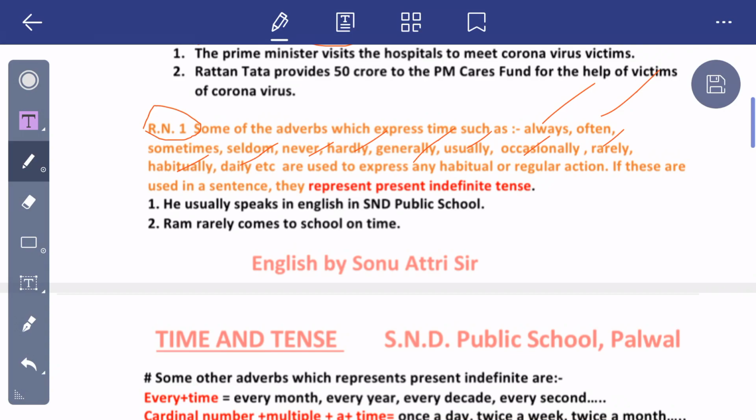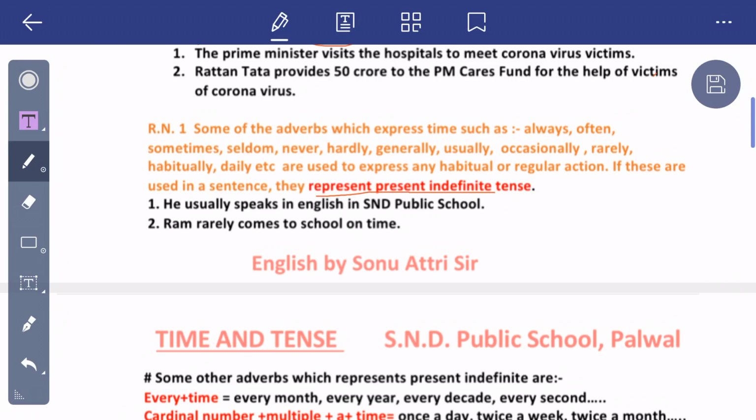If these are used in a sentence, they represent a present indefinite tense. As I told you, adverb of time will be the main key in tenses to solve the sentence.